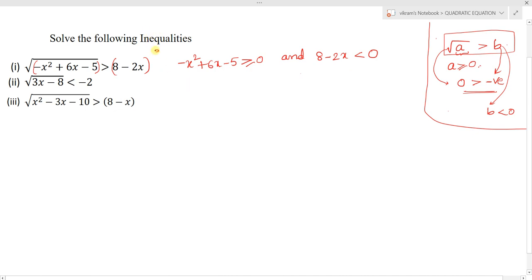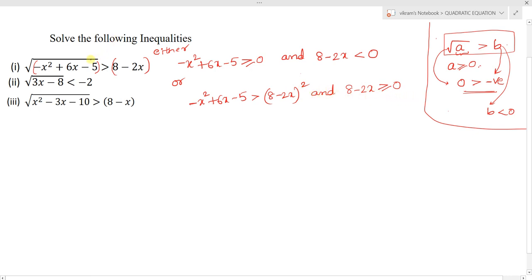Or, if we square both sides, minus x squared plus 6x minus 5 is greater than 8 minus 2x whole squared. Since we are squaring a quantity, 8 minus 2x must be greater than or equal to 0, as the square of any quantity is always greater than or equal to 0.